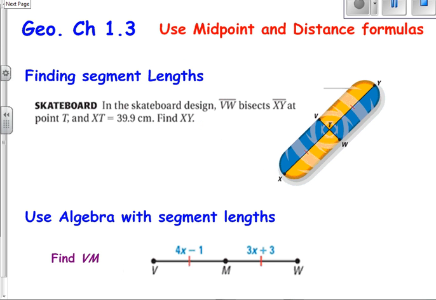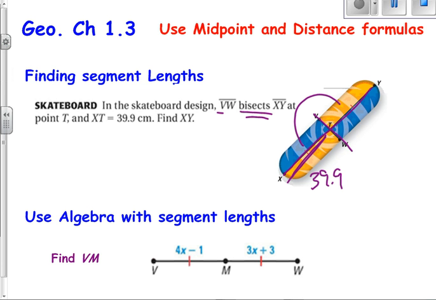All right, so finding segment lengths. If I look at this, I think it's a skateboard. They tell us that VW bisects XY. Therefore, I know that these two line segments are the same. If I know that XT, which is this distance right here, is 39.9, they want you to find XY.